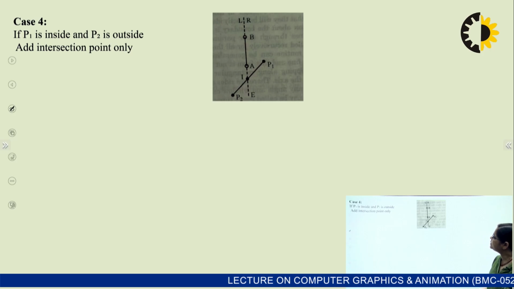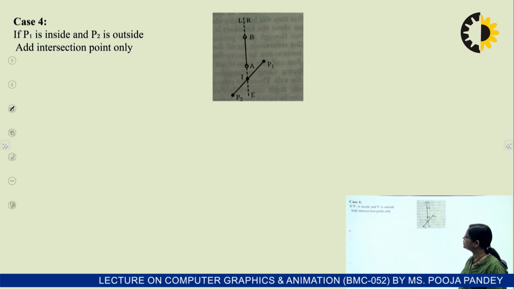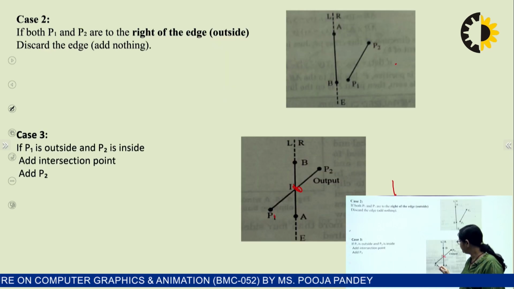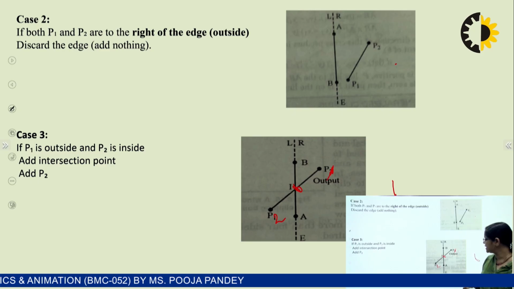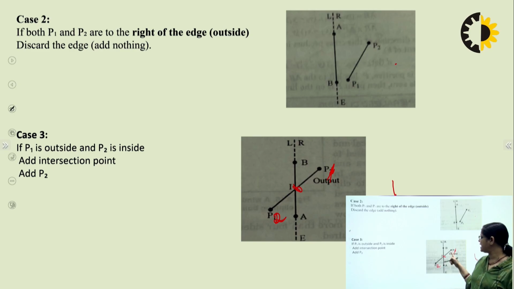And now if P1 is inside and P2 is outside, then add the intersection point here only. Okay, the diagram here, it will be P2, here it will be P1. According to this, there is a correction: here it is P2 and here it will be P1. Now, if P1 is outside and P2 is inside, then add the intersection point and add P2, right?